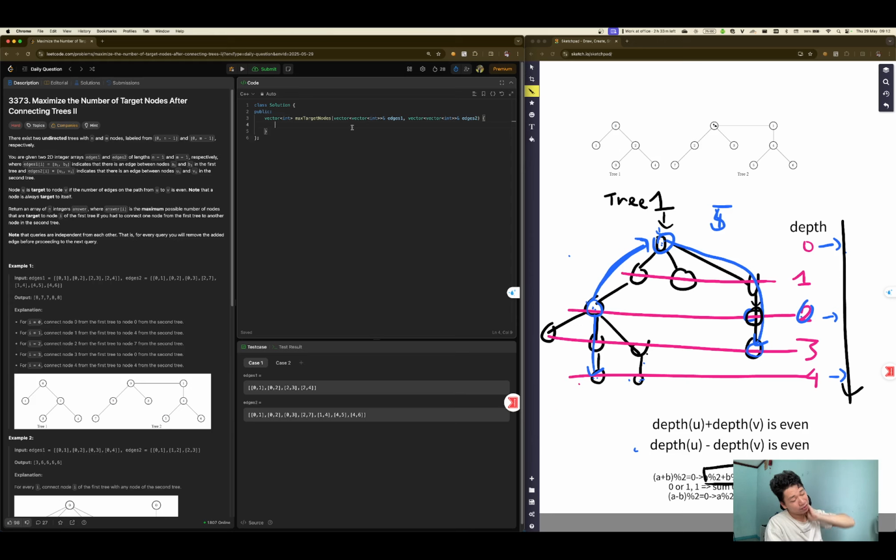It's just about mathematics. The main concept here is that we take a node as the root of the tree and do the BFS to find the level, the depth of the tree. The nodes that have the same even or odd level have the same answers, as I proved here.